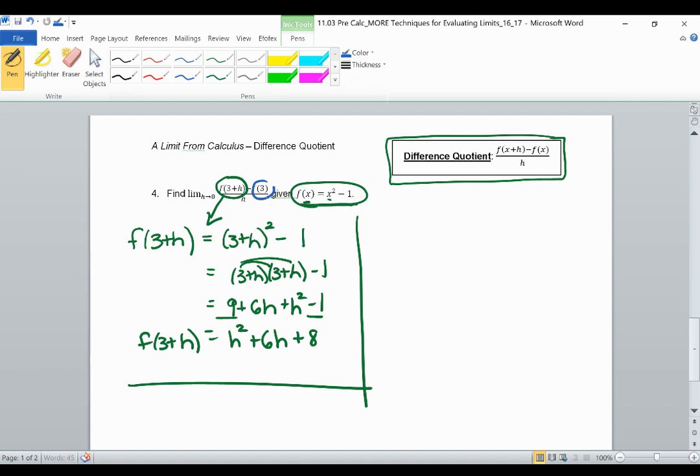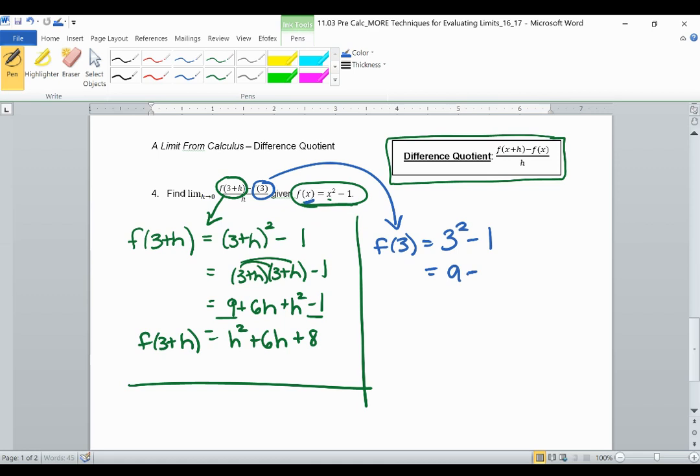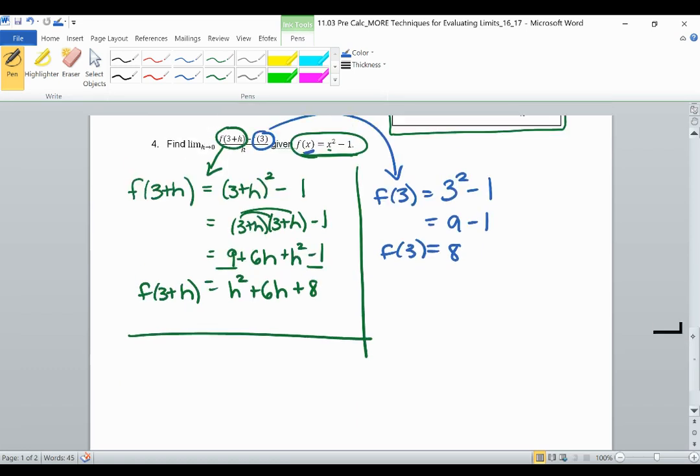Next, I want to find f of 3. So I'm going to do that over here. So f of 3, everywhere I see an x, I'm going to replace it with a 3. So that's 9 minus 1, which gives me 8. All right. So now I want to rewrite this.